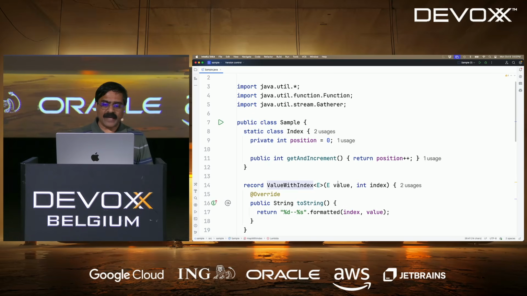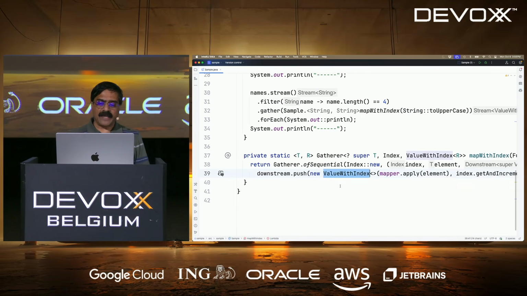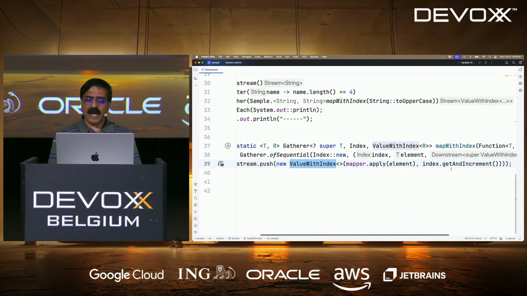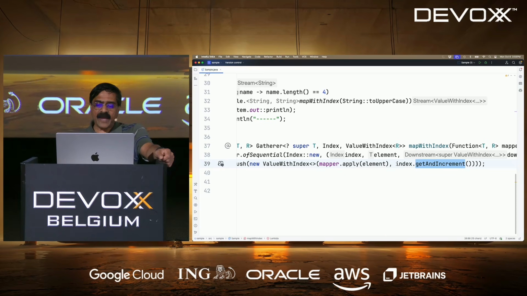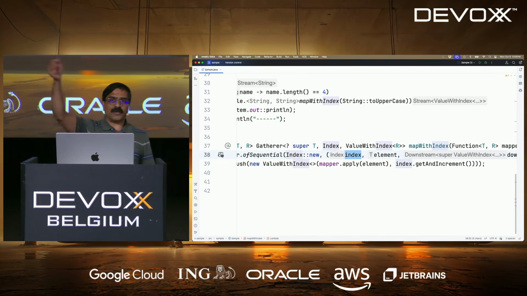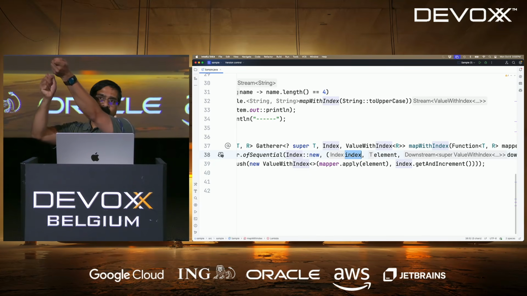So the value with index receives the value, which is the text in uppercase. And then I will pass to it an index where I increment that index and then pass the integer value to value with index. But when I do, I'm actually incrementing that index that was given to me in the call right there.